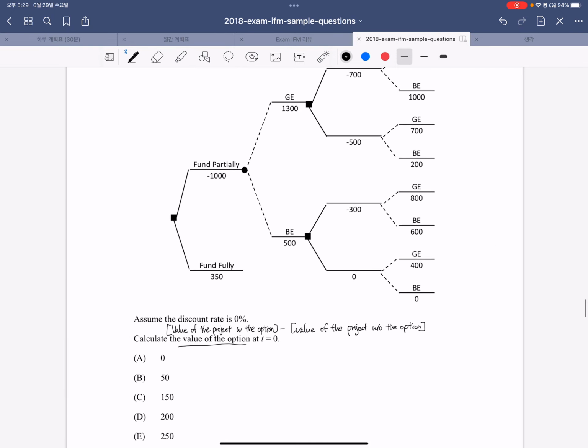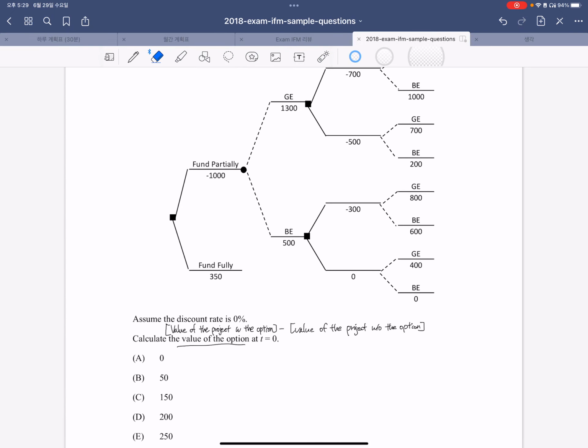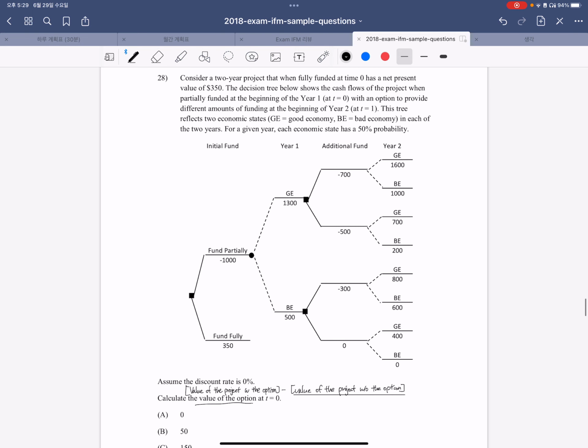Okay, we know the value of the project without the option, which is $350 when the project is fully funded. So we know this is $350, and we want to calculate the value of the project with the option.